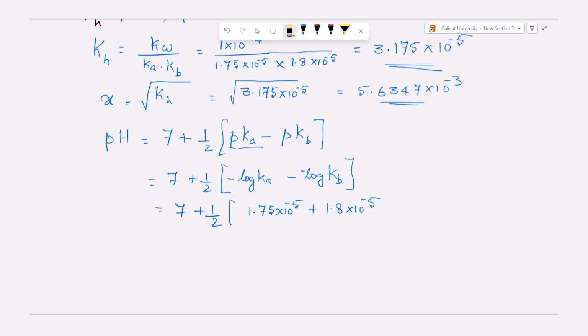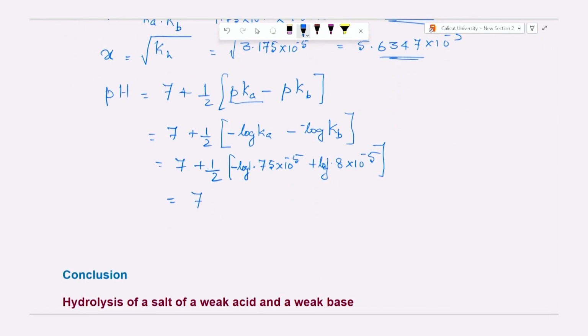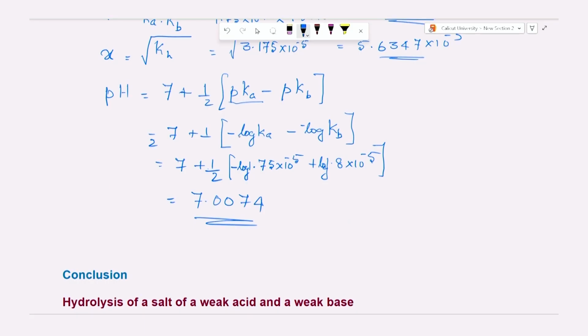Just solve for it and you will get the answer as 7.0074. So, you have to be careful, instead of pKa do not use the values of Ka, instead take it as negative logarithm of Ka, otherwise the answer will go wrong.